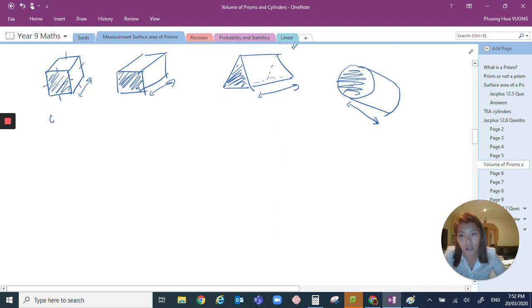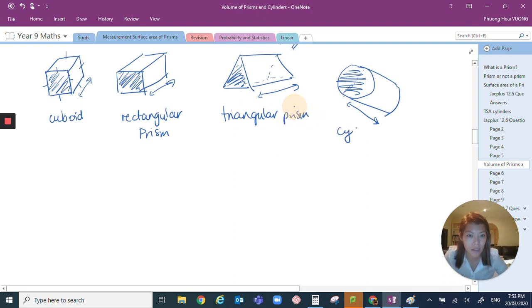So this is a cuboid or cube. This is the rectangular prism. This is a triangular prism. And this is our cylinder.